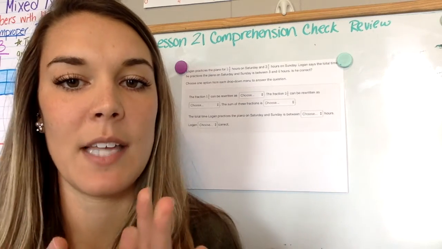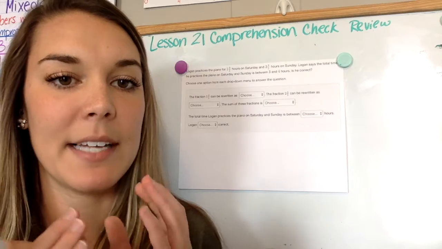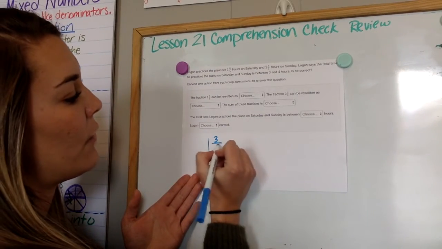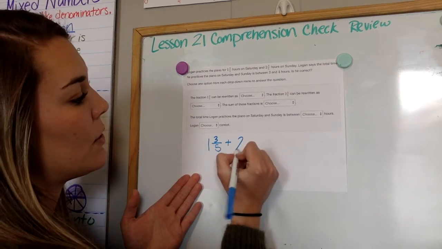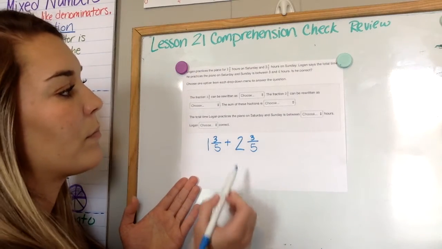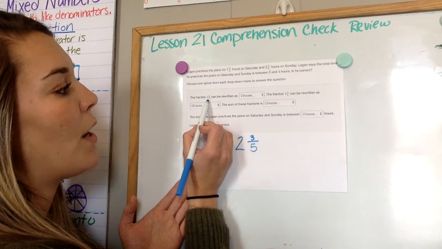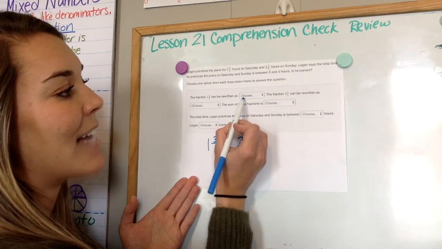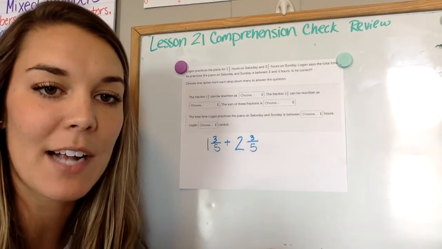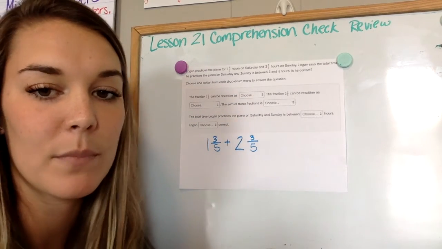So just for my own sake, I'm just going to write down my addition problem for that. So I have 1 3/5 plus 2 3/5. Now, this says the fraction 1 3/5 can be written as, this is going to be an improper fraction, but it says it in word form, okay?